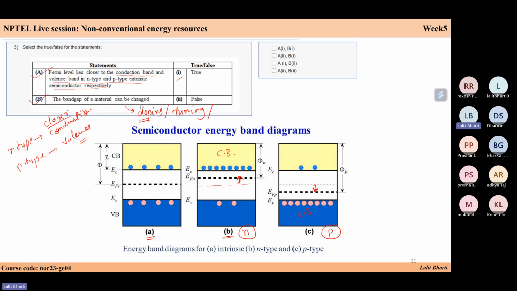But I'm just saying that it is not impossible to change the band gap, because the technique is not mentioned. If the statement says the band gap of the material can be changed by doping, then it is very clear. But for now, it is not clear, because there can be any possibility where the band gap of a material can be changed by, let's say, substituting a few atoms.